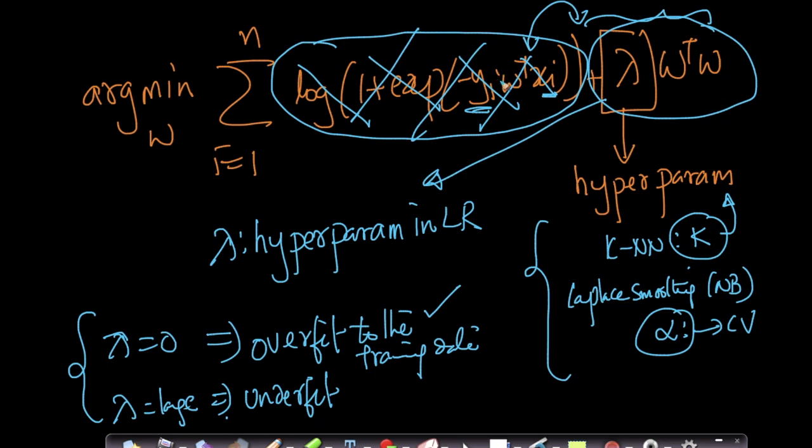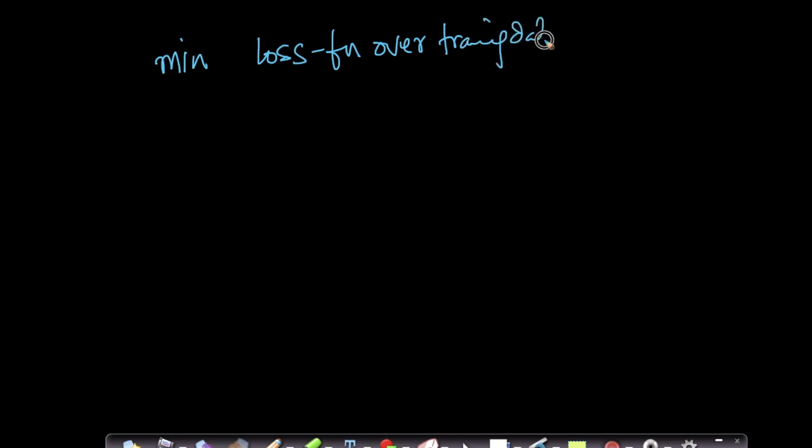The tug of war here is between the loss function and the regularization function. A lot of optimization problems in machine learning look like this. You'll say minimize loss function over training data plus regularization.